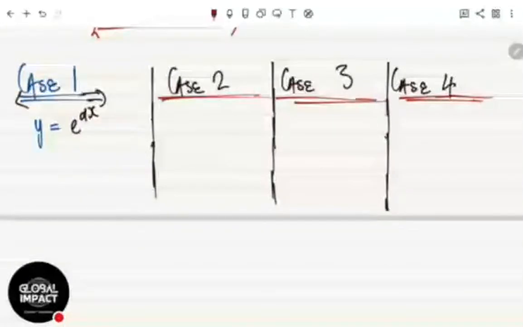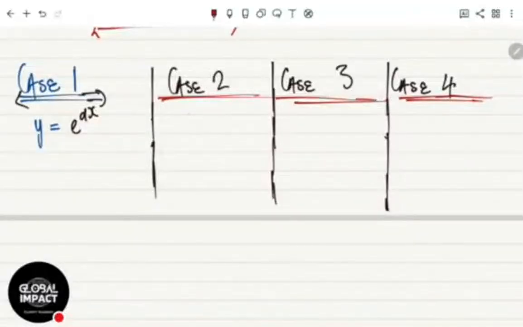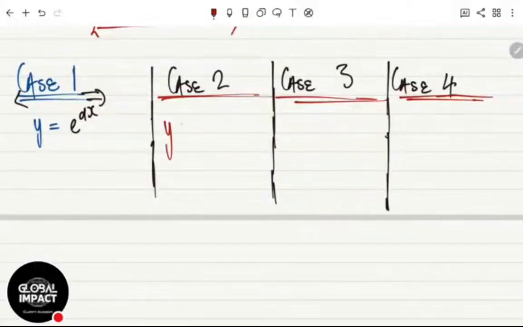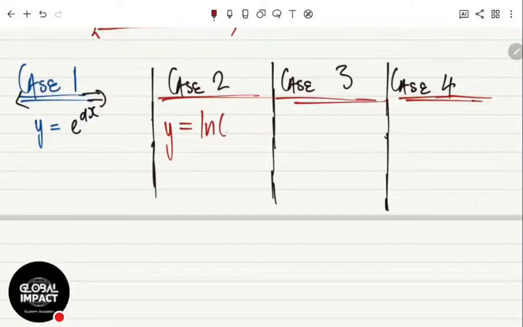For our case 2, you are going to have a logarithmic function. So this is an exponential function, then you're going to have a logarithmic function, to say y is equal to ln of ax plus b. That's like the more complicated version. Then you're going to have the trig version.